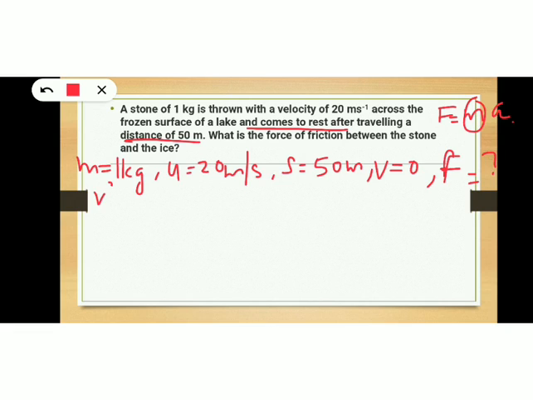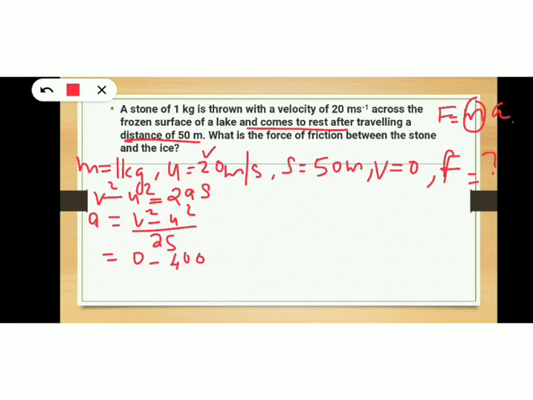So find out v square minus u square equal to 2as. Therefore a is equal to v square minus u square by 2s, where v is the final velocity, which is 0, minus u, the initial velocity, which is 20. So u square will be 20 square, that is 400, divided by 2s.